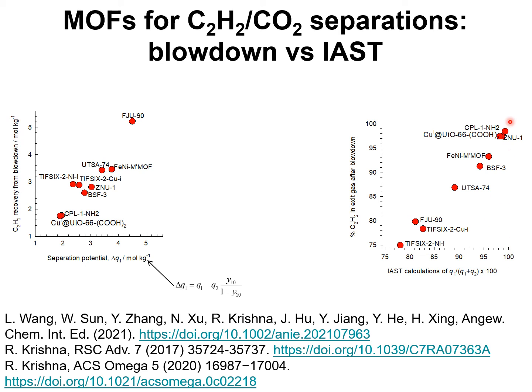So you can see that there is a practically linear relationship between the IAST calculations of the product purity that is expected in vacuum blowdown with the actual purities that are realized in the blowdown simulations.